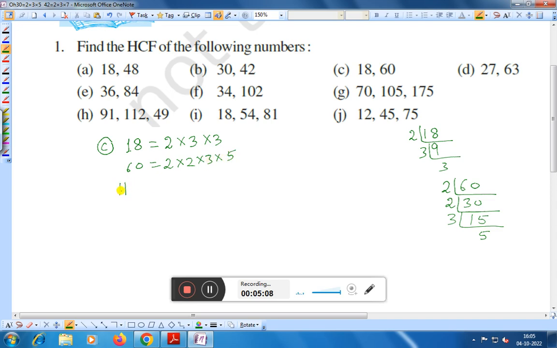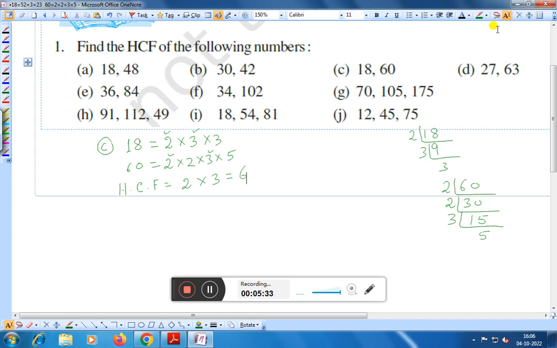Therefore, HCF of 18 and 60 is equal to: find the common. The 2 is common, therefore 2 into 3 is also common. You see, 3 is also common. 2 into 3, that is 6. Therefore, HCF of 18 and 60 is 6.